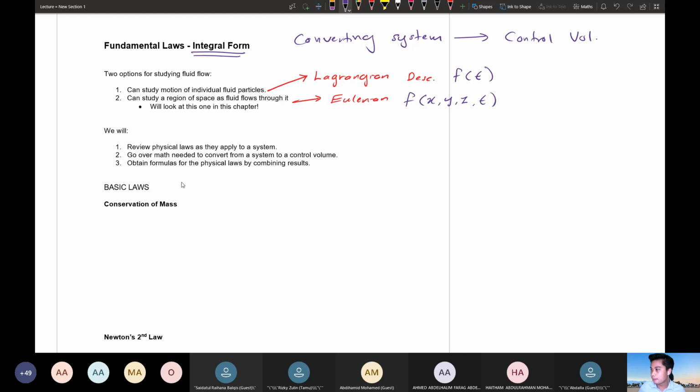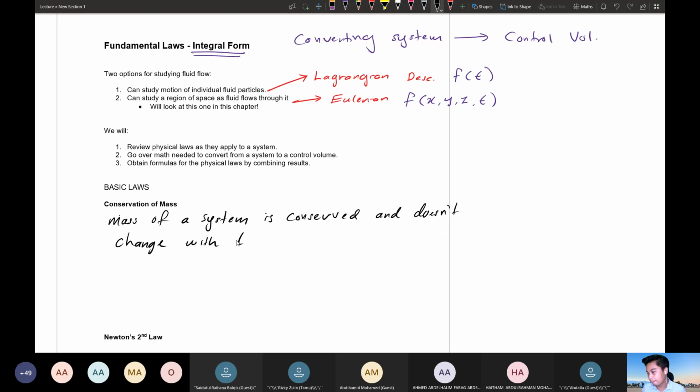The mass of a system is conserved and doesn't change with time. That means there is no change of mass property over time.